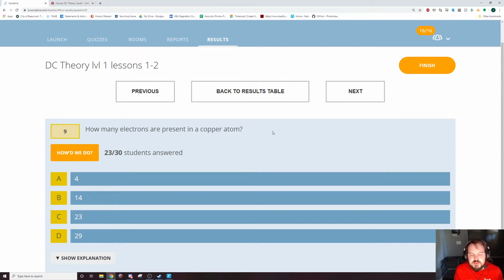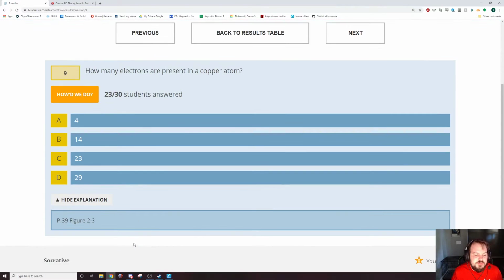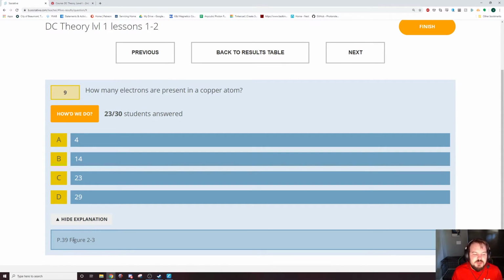How many electrons are present in a copper atom? You're sitting at a computer, you could just Google this. If you were looking in your book, there's a picture, figure 2-3, that says that. It took me a minute to find that whenever I was looking all these up, but that's where it is.